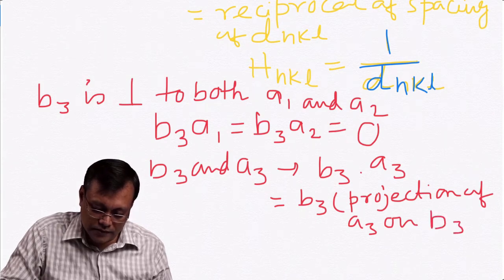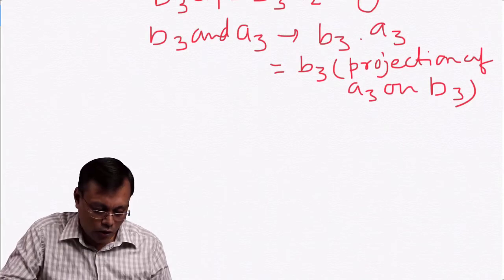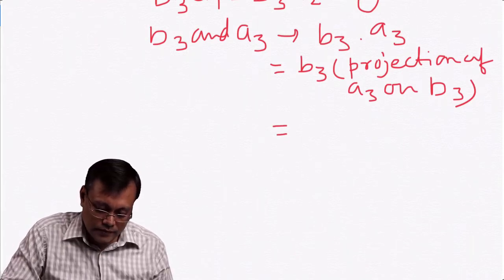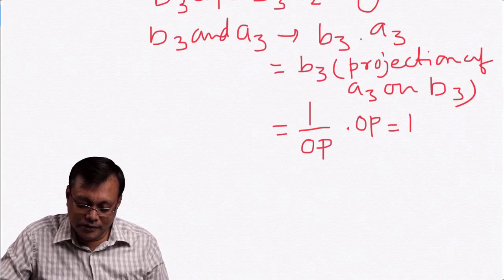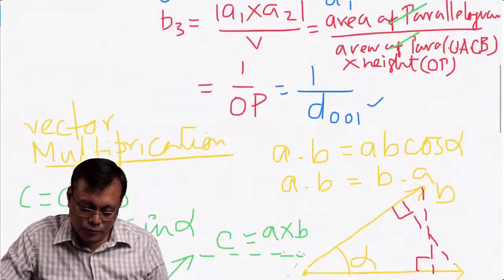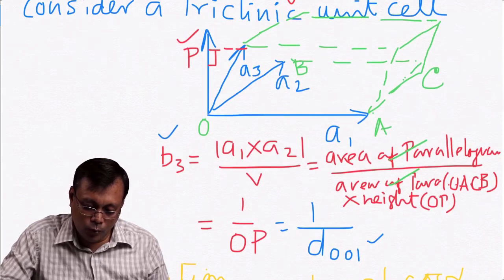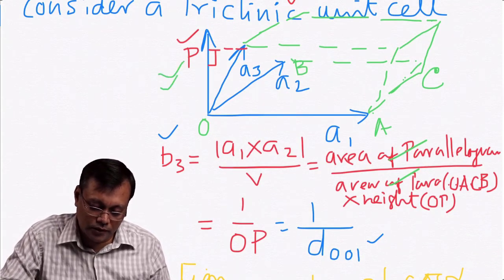That is basically the understanding we have. So that will be equal to 1 by OP into OP. It will be 1. I am referring to a figure where I have shown you this particular OP vector. Here I am talking about this particular vector.